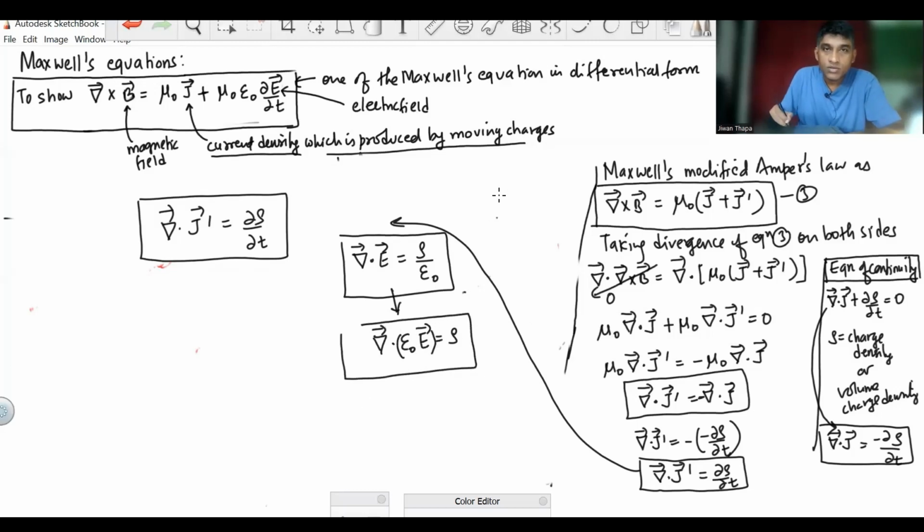And we know epsilon naught E equals D vector. And this is called electric flux density, or displacement vector. Clear?